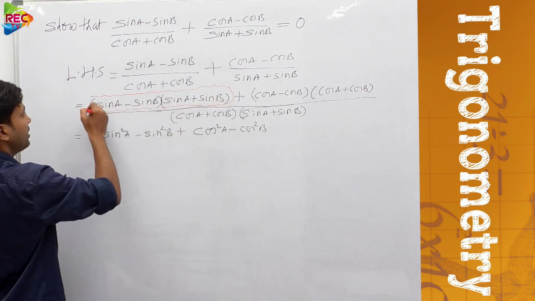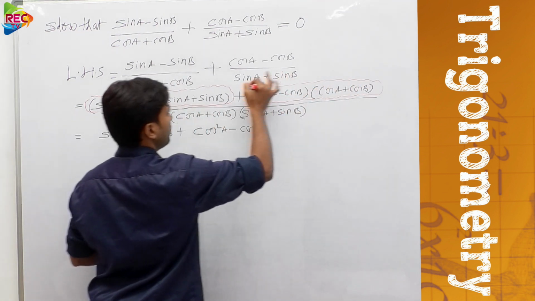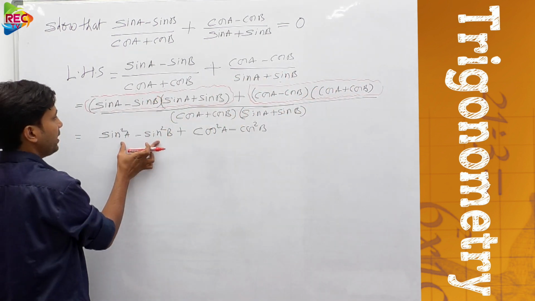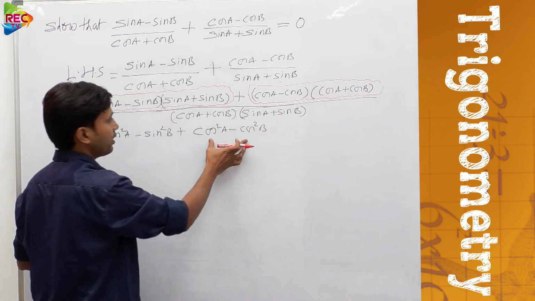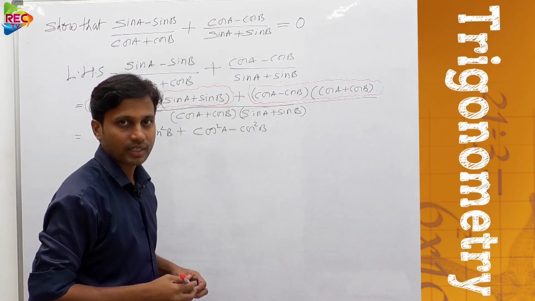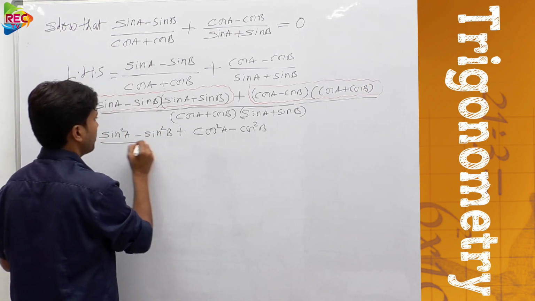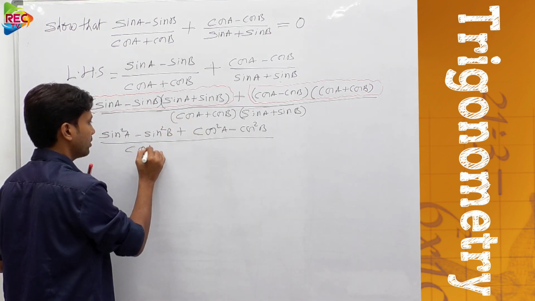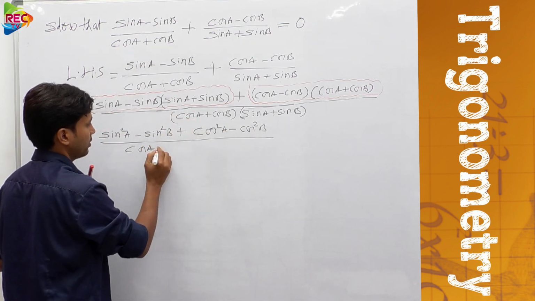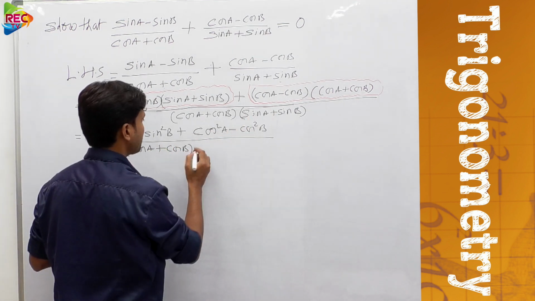This is one term and this is one term. For this the result would be sin square A minus sin square B, and for this the result would be cos square A minus cos square B. Got it? Now this is upon what? Cos A plus cos B into sin A plus sin B.